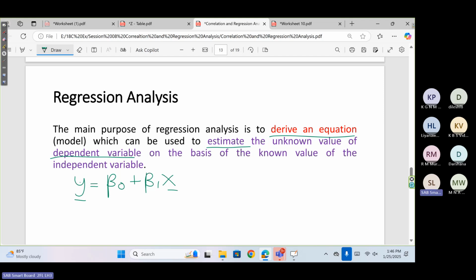Normally, manually we can only find the simple regression model. Then using statistical software, we can construct the multiple regression model. Manually we can't apply it.